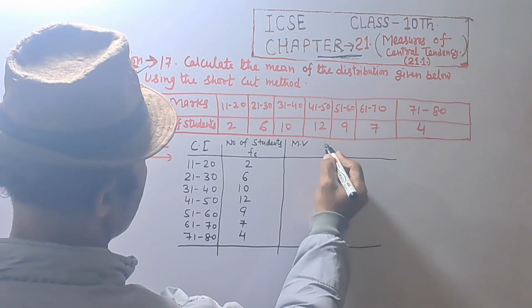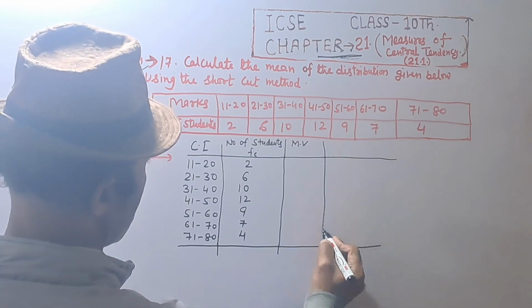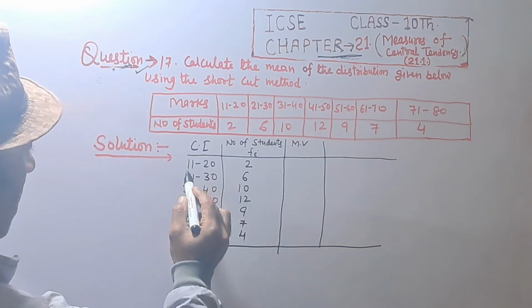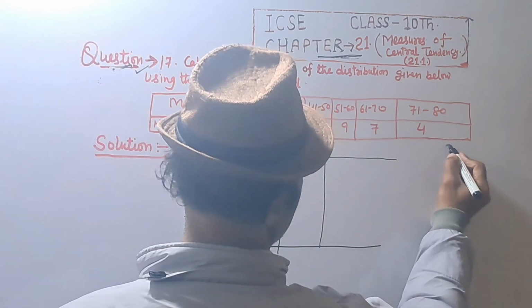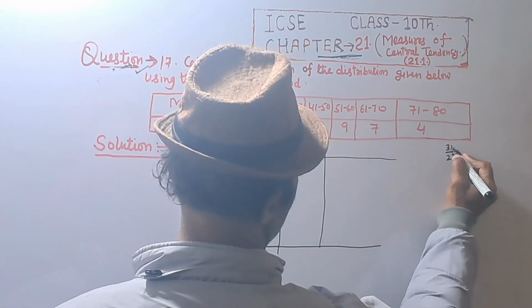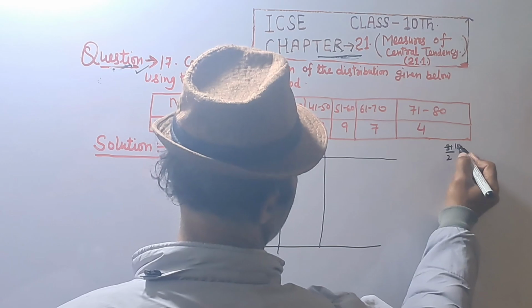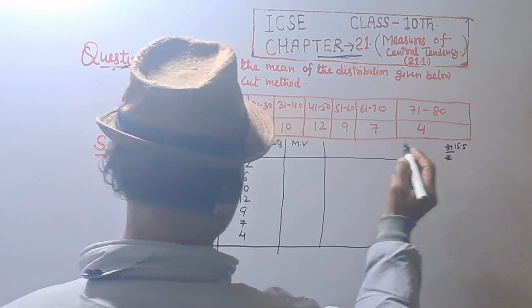Mid value. (11 plus 20), that is 31. 31 upon 2 is equal to 15.5.